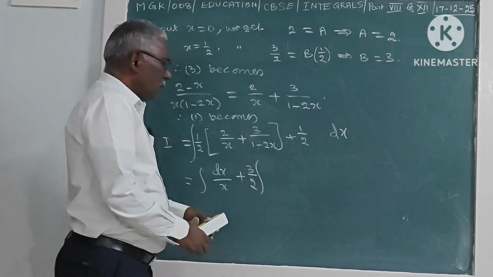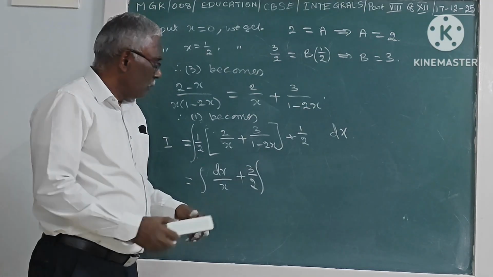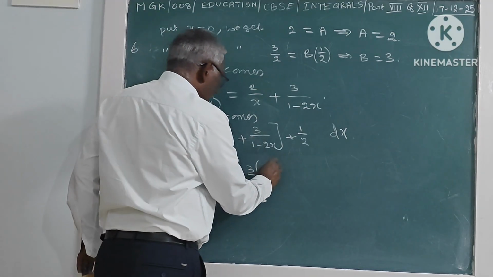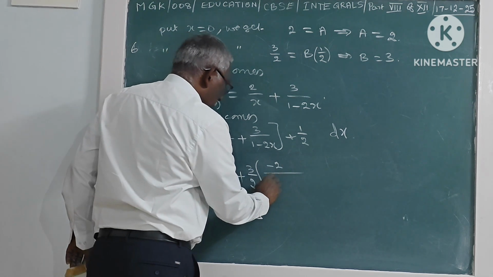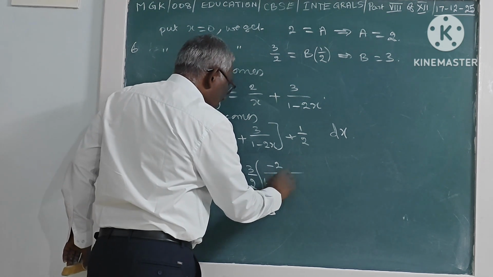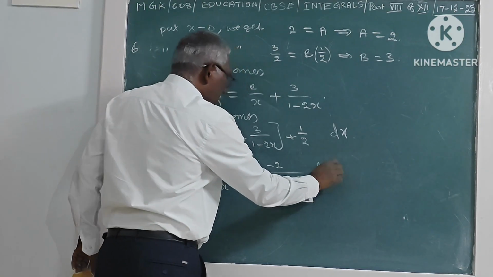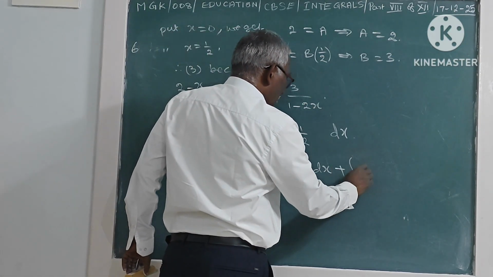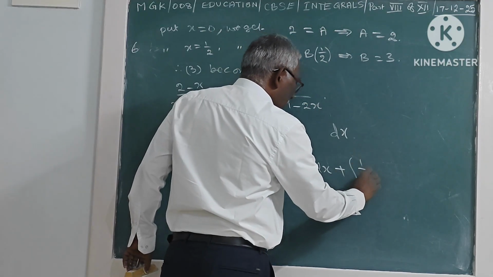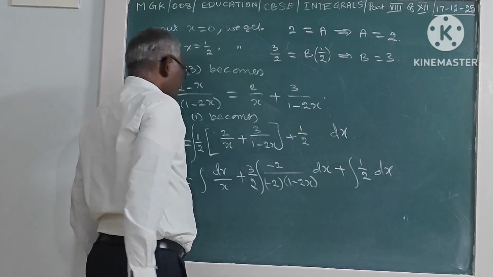Integral, if we differentiate 1 minus 2x, what will come? Minus 2 will come. So minus 2 should be in the numerator. So minus 2 by 1 minus 2x dx, plus integral half times dx. This one, half times dx.